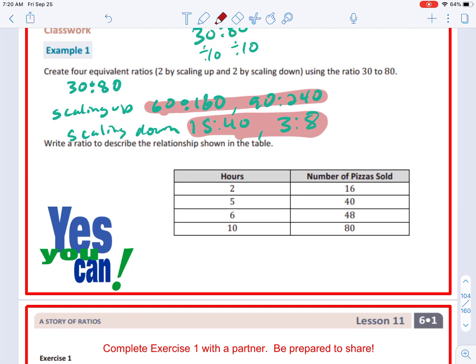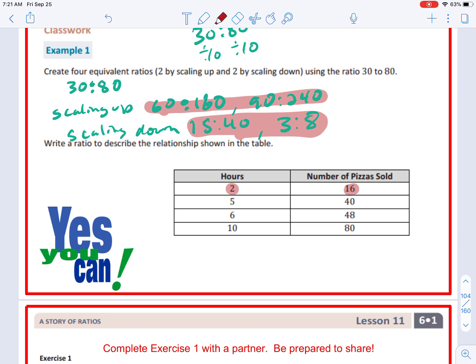It says write a ratio to describe the relationship shown in the table. So for every 2 hours, they sold 16 pizzas, 5 to 40, 6 to 48, 10 to 80. All of these are equivalent ratios. I need to find the ratio that describes it, meaning the simplest form of the ratio. So let's look at 2 to 16.